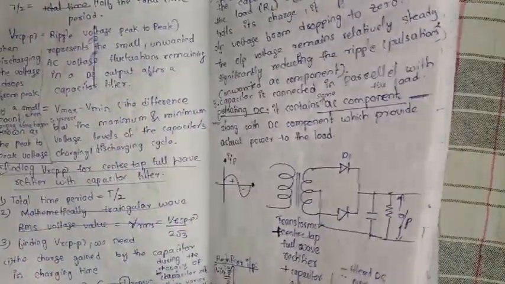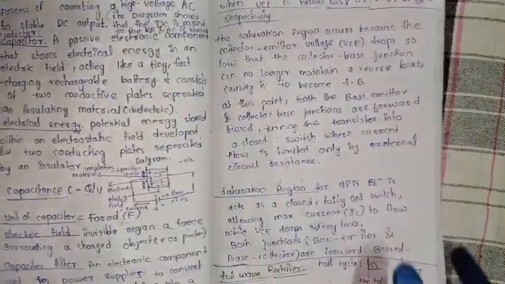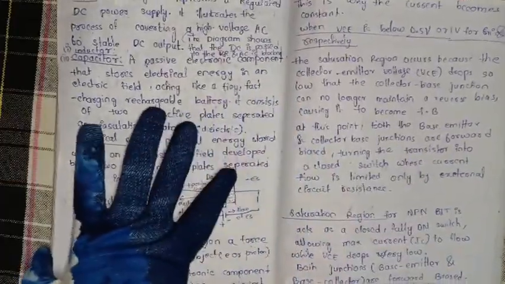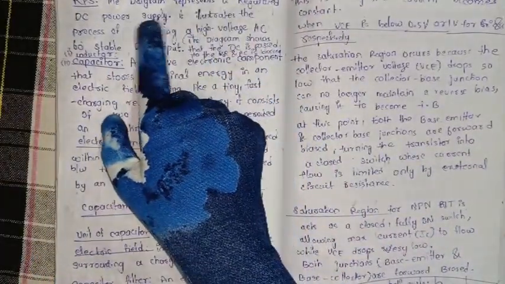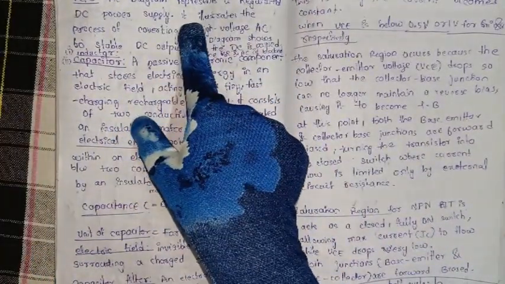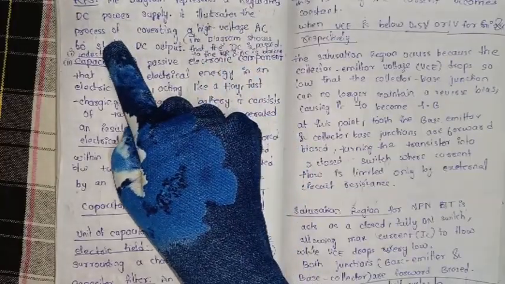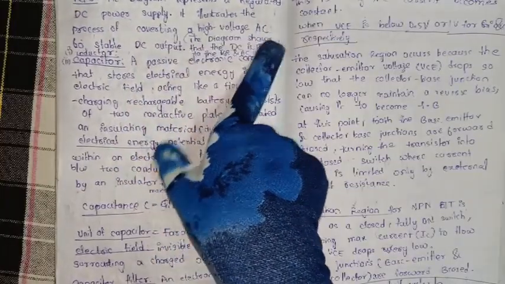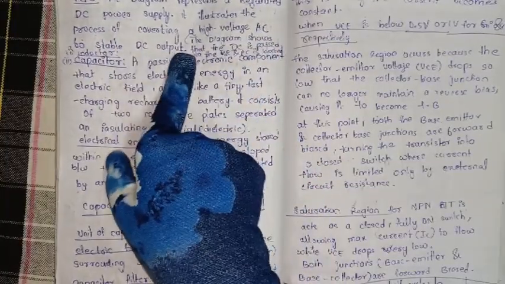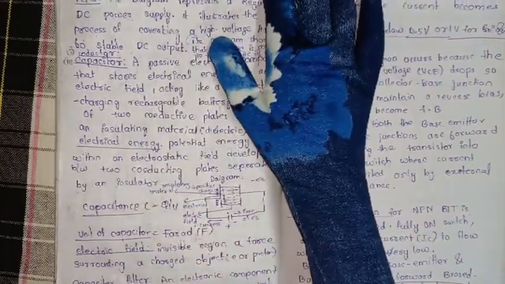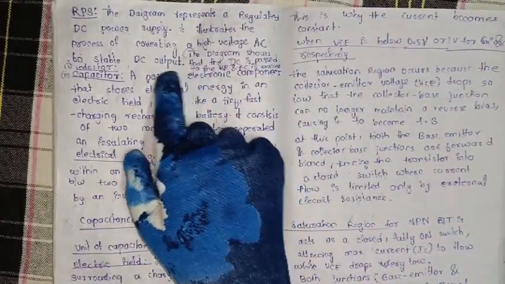The diagram which I have shown here represents a regulated DC power supply. It illustrates the process of converting a high voltage AC to a stable DC voltage, stable and steady also.